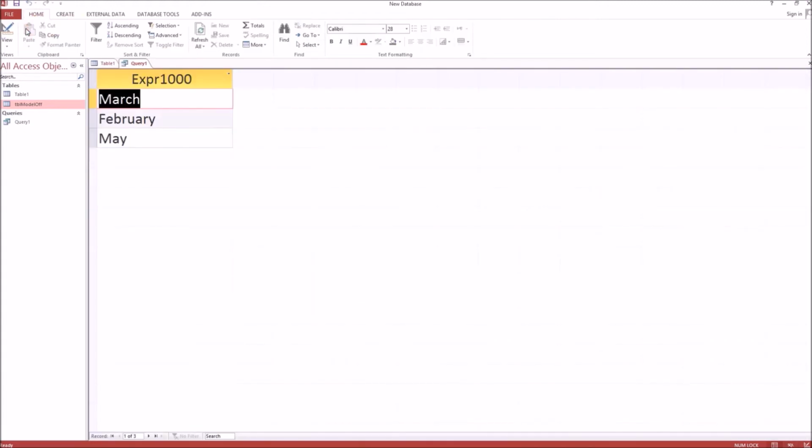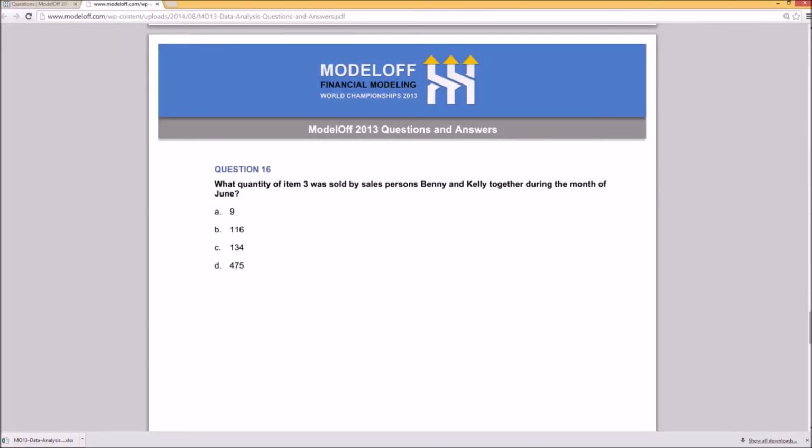Let's run. So these 3 months are March, February, and May. And the last question that we need to resolve today is the following. What quantity of item 3 was sold by salespersons Benny and Kelly together during the month of June?